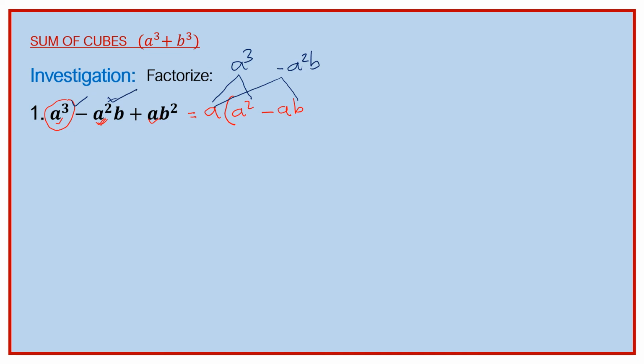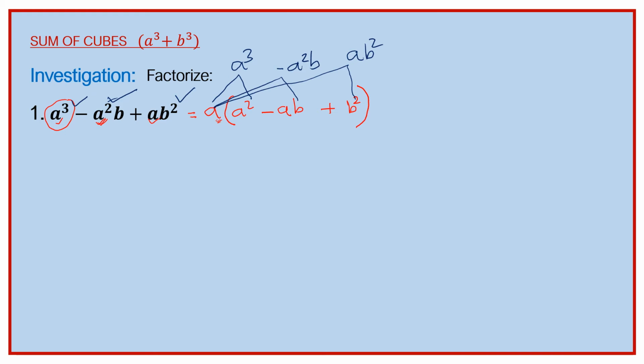Then plus ab squared. Ab squared, already we have a. So I will write b squared, such that a and b squared will give me ab squared, which is this one. Okay? So this is our factorization.